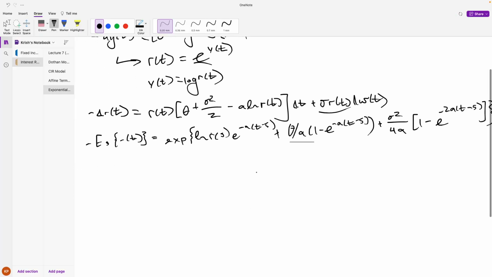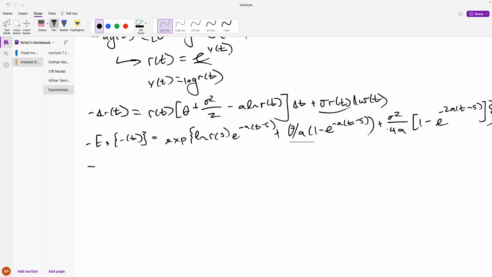So mean reversion, theta over a. The variance is very, very similar to this value. The only difference is that instead of ln, it's going to have 2 in front, and it's going to have no 4 right here. That's the only difference between the mean and variance there.